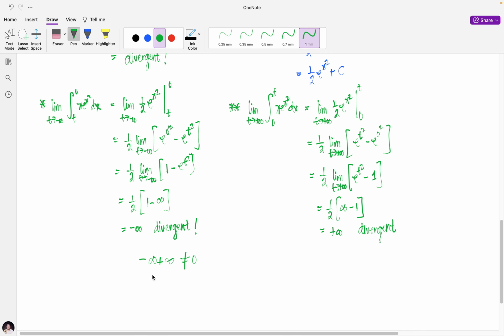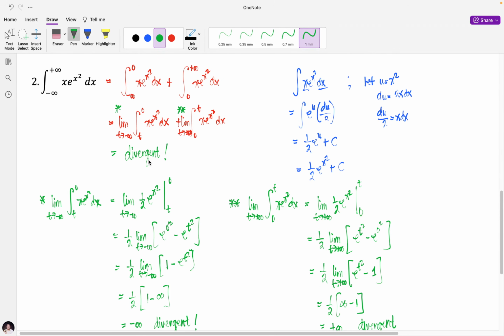It could be that this one is bigger, so that will have a negative answer, and if this one here is bigger, then you will have a positive answer. So we don't know kung sino yung mas malaki sa kanilang dalawa. So therefore, this will not equate to 0. So that's why you automatically answer here divergent. Okay, I hope that is clear.